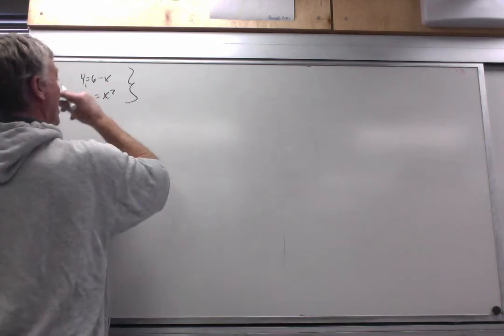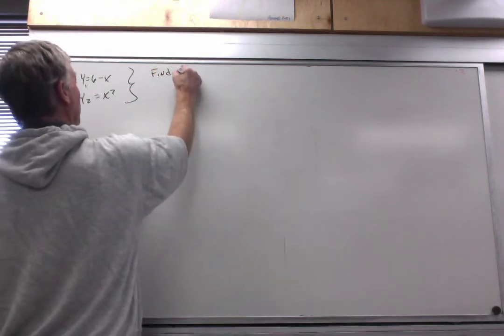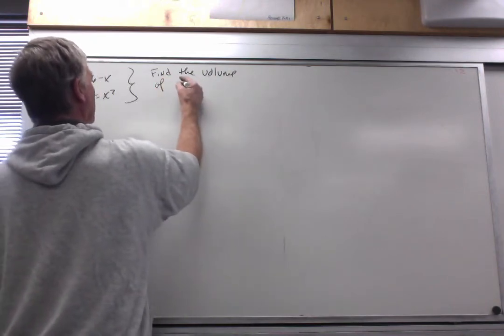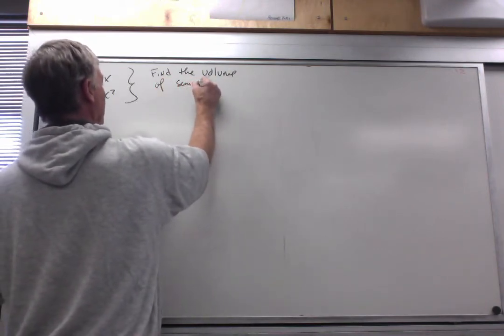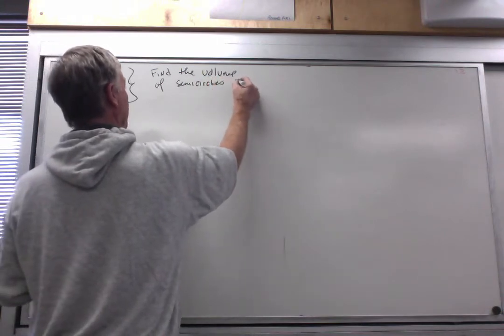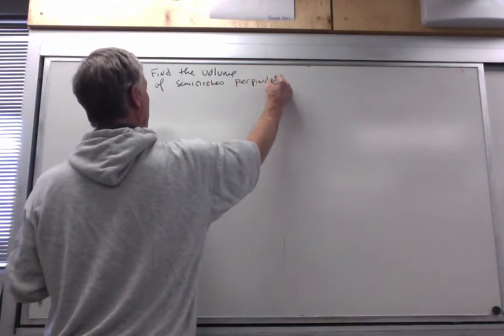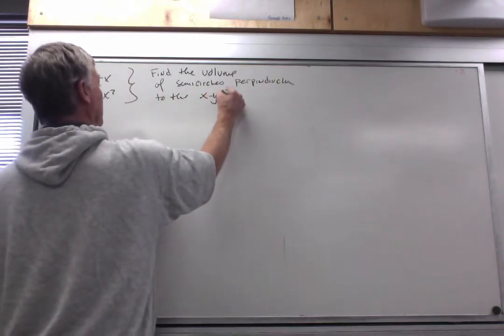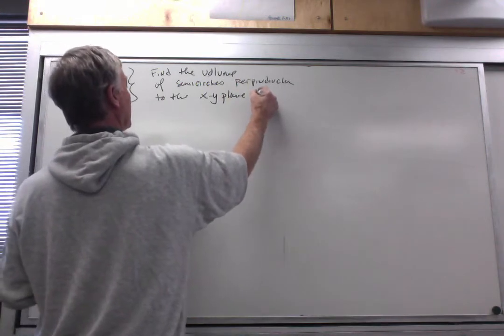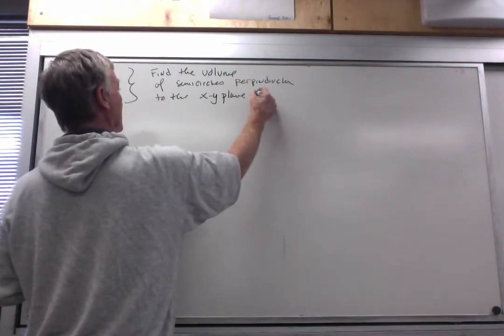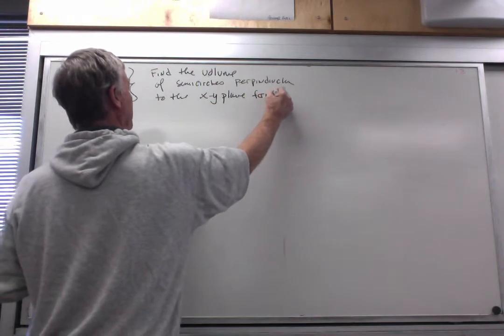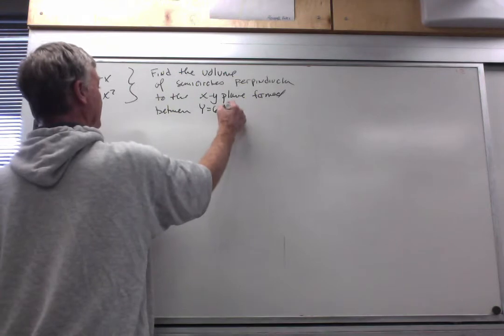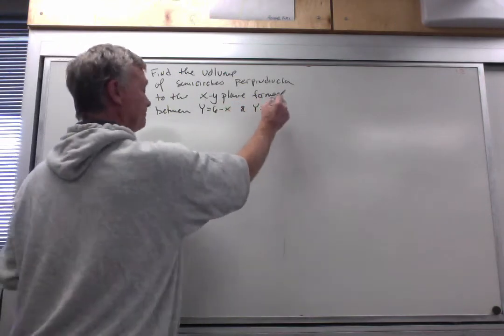And we're told that we want to find the volume of semicircles perpendicular to the xy plane formed between y equals 6 minus x and y equals x squared. Okay.